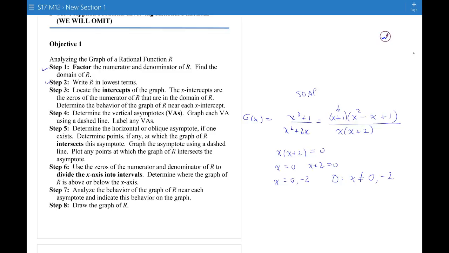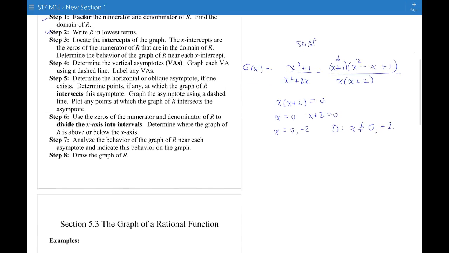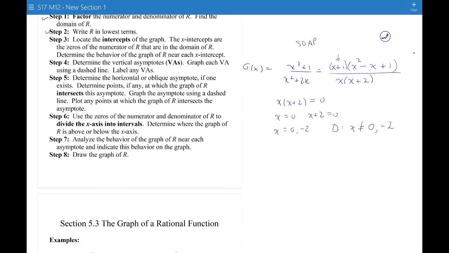So then we're going to find all the intercepts. Remember, x-intercepts are when the numerator is 0, because g of x will only equal 0 when the numerator is 0, right? It doesn't matter what the denominator is, now that we have it in lowest terms. If the numerator is 0, the whole thing's going to be 0.